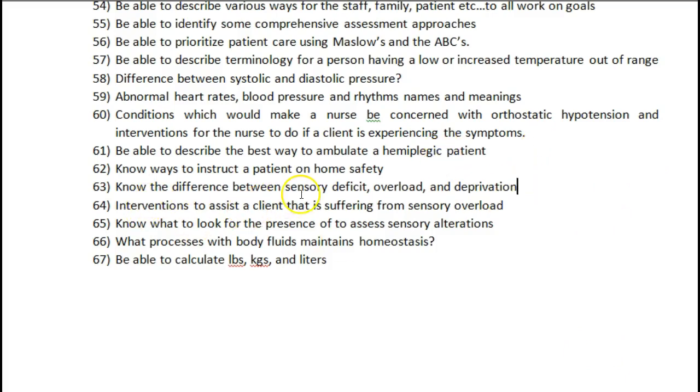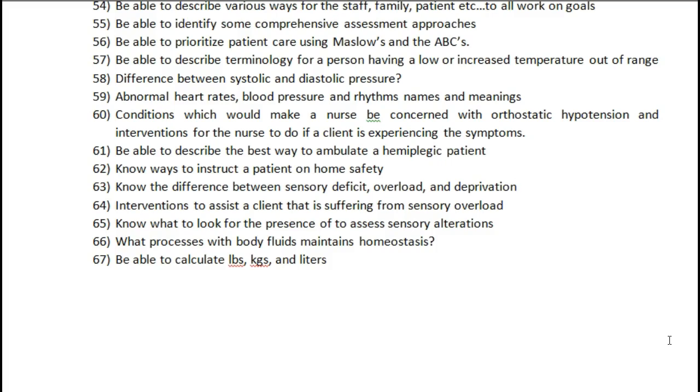Know the difference between sensory deficit, overload, and deprivation. That's a very important thing. Sensory deprivation, the person does not have enough stimuli. And then sensory overload, they just got too much.